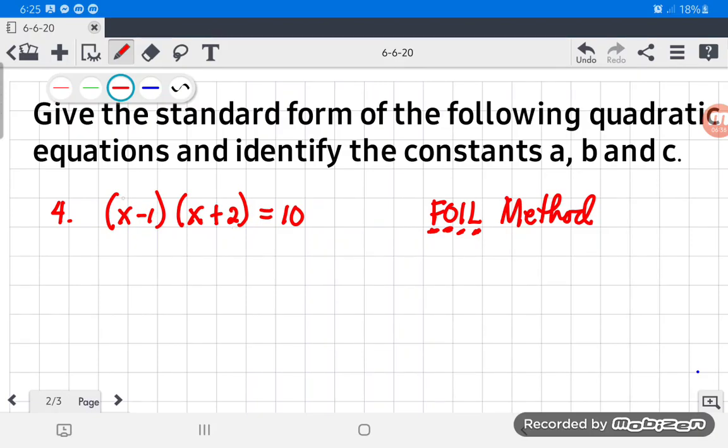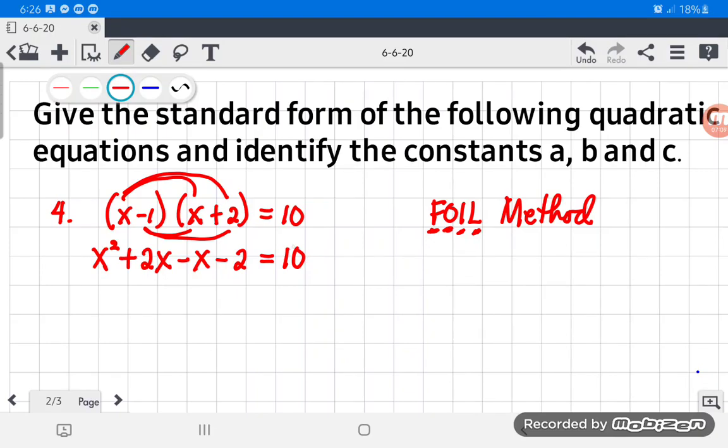So, let's now multiply. To get the product, x times x, we have x squared. x times 2, we have 2x. Negative 1 times x, we have negative 1x or negative x only. Negative 1 times 2, we have negative 2, equals 10.